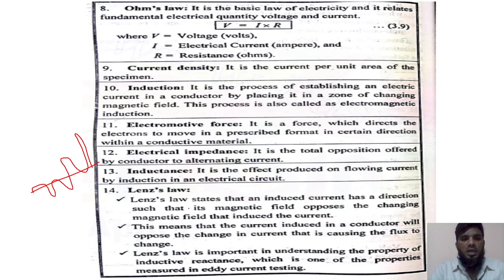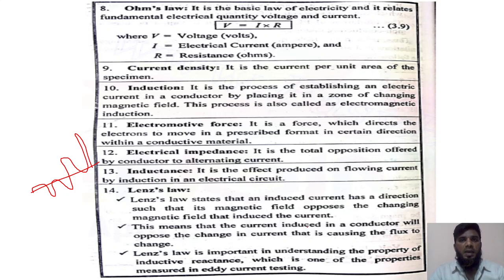Let us state that Lenz's law states that the induced current, induced meaning the current coming because of the other magnetic field, has a direction such that its magnetic field opposes the change in the magnetic field that induces the current, because of which the current is generated. It tries to oppose that. For example, I am trying to give some magnetic field to you.